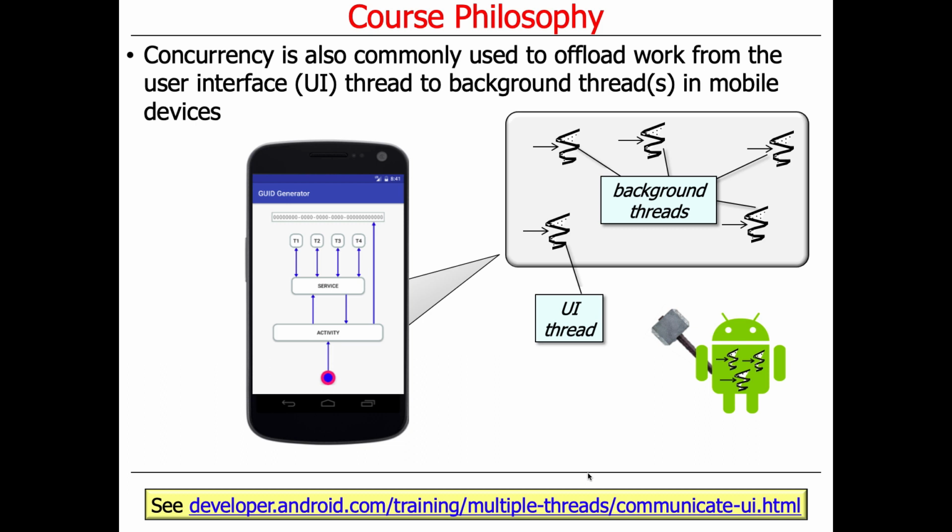We'll see that this way of structuring the code, to have the user interface thread be very responsive and the background threads be capable of blocking and other kinds of longer-running computations, is very common today in mobile device programming. A lot of what goes on in the world today involves mobile devices, so understanding the use of concurrency in that context is a big motivator.